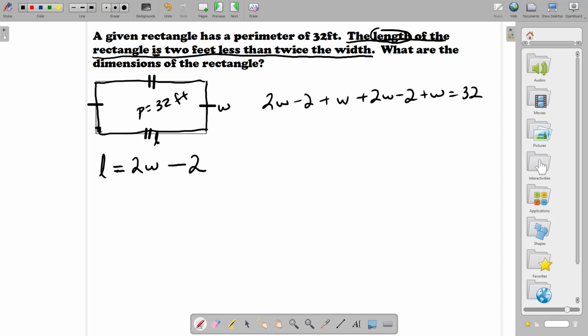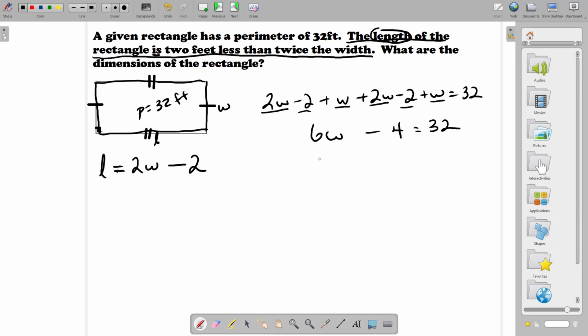Now we just have a simple equation to solve. We need to combine like terms. 2W, W, 2W, and W is 6W. Negative 2 and negative 2 is negative 4, and that equals 32.